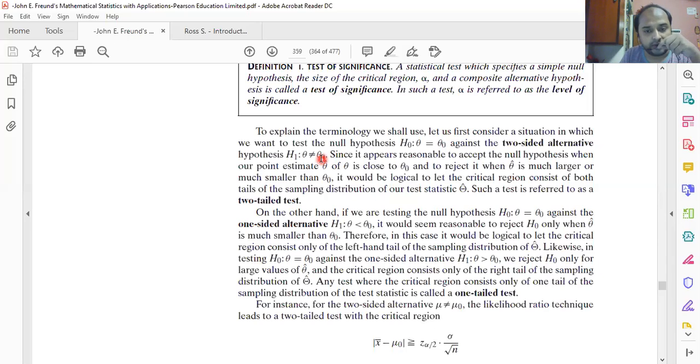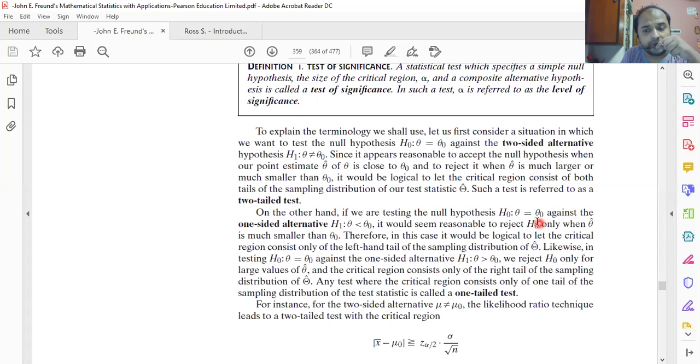We are not sure about it, and therefore this particular statement written in the alternative hypothesis is called a two-sided alternative. And if I combine this two-sided alternative with the null hypothesis, then such a test is called a two-tailed test.